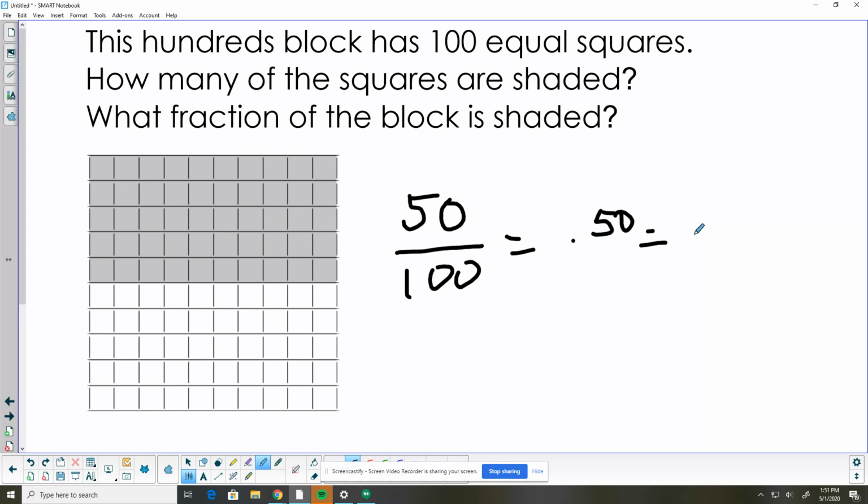I know that's the same as 5/10. I know that's the same as decimal 5. And when I look at it, I know that that's all the same as 1/2. Half of that block is shaded. All those numbers represent 1/2.